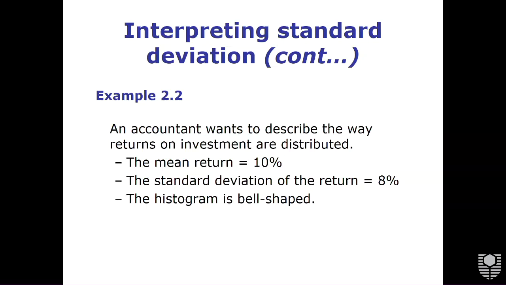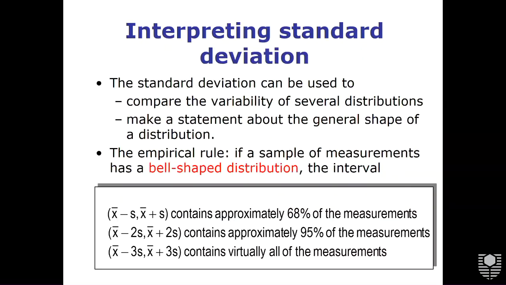Keep this page in front of you, and let me go back a bit to check the conditions. So X bar minus S means 10 minus the standard deviation, 8, equal to 2, right?